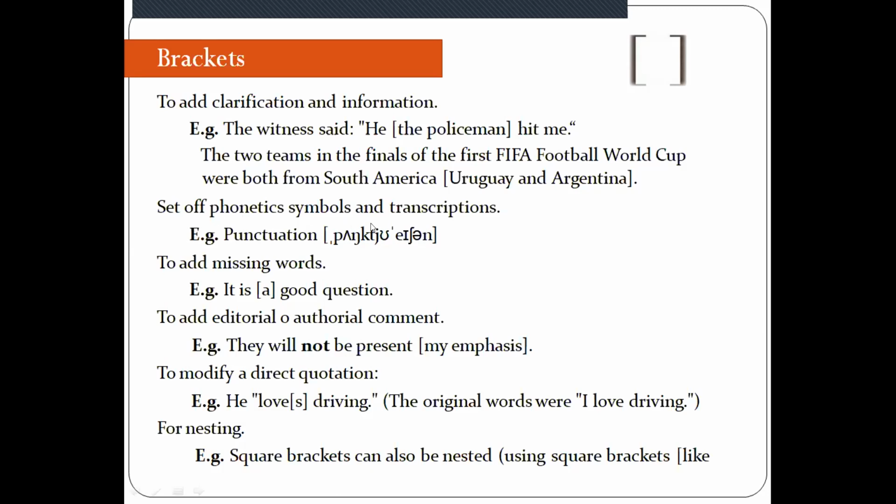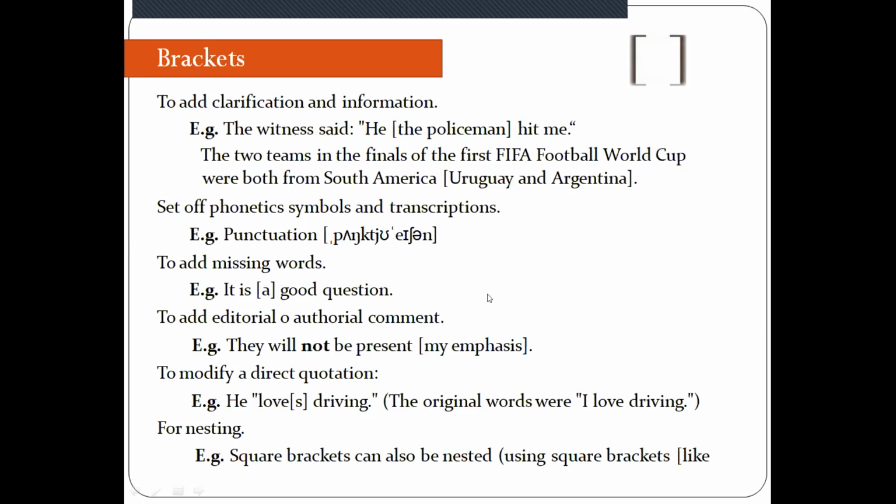Set of phonetic symbols and transcription. This is like opening your dictionary and seeing the transcriptions and symbols that are phonetic, even the pronunciation. No, that I can't put much emphasis there. To add missing words, it is a good question. So if the word is missing, you can put it in brackets.